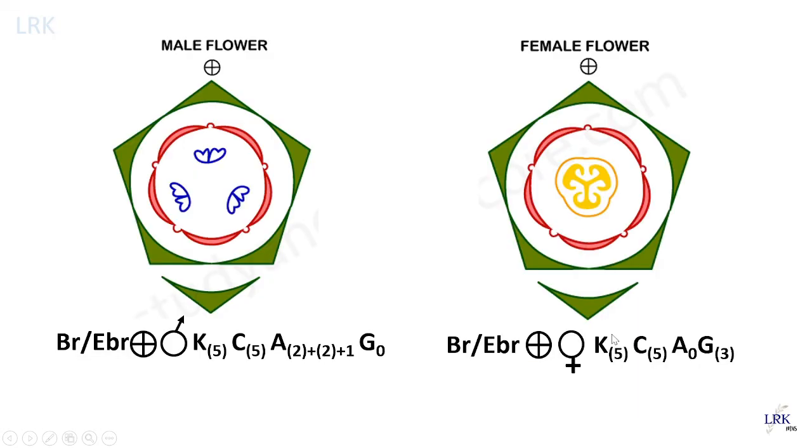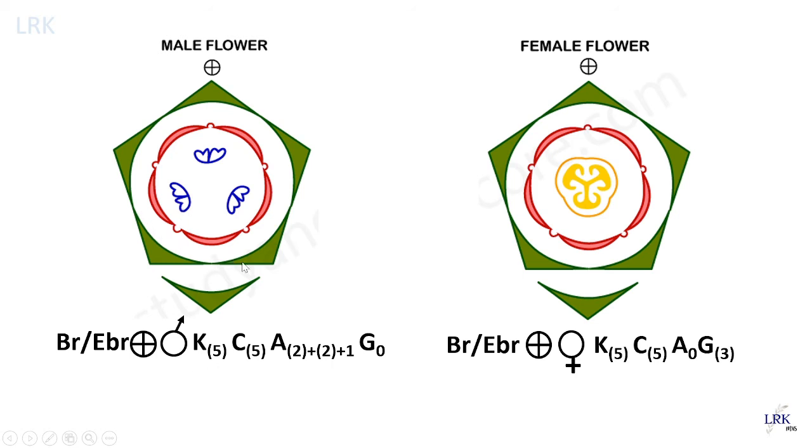This is regarding fruit. When coming to the floral formula and floral diagram, see, this is male flower, bracteate or ebracteate. It is actinomorphic. It is male flower, so it is denoted by only arrow mark. So this is male flower.